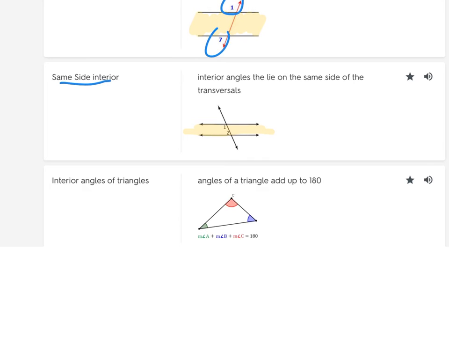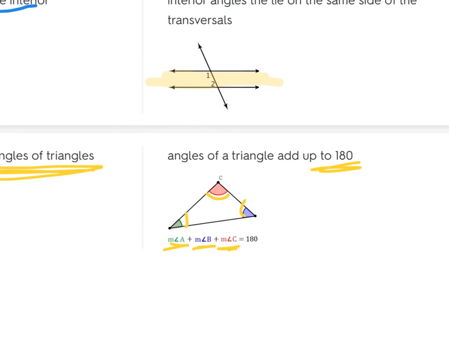And the last little word or phrase here is interior angles of triangles. You need to know that inside a triangle, the 3 angles add up to 180. So here it says angle A plus angle B plus angle C equals 180. That's a very special number with triangles.